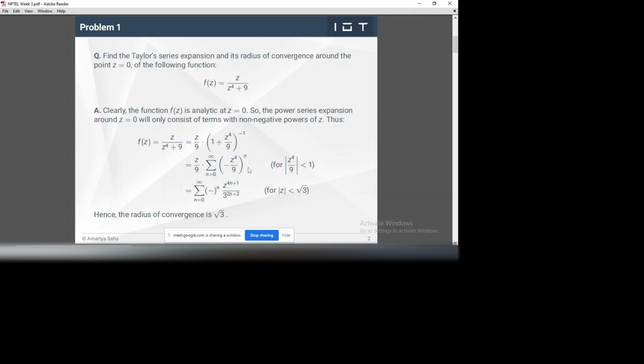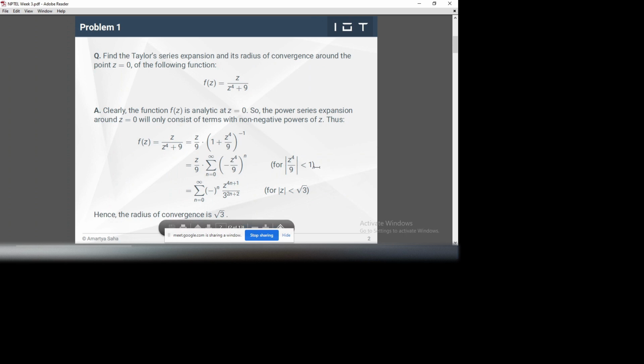Of course you know that this series expansion will be valid when this criterion is satisfied: the modulus of z to the power 4 by 9 must be less than 1 for this binomial expansion to converge. The last line is just a simplification: z to the power 4n plus 1, and 9 is 3 squared, so I have written 3 to the power 2n plus 2.